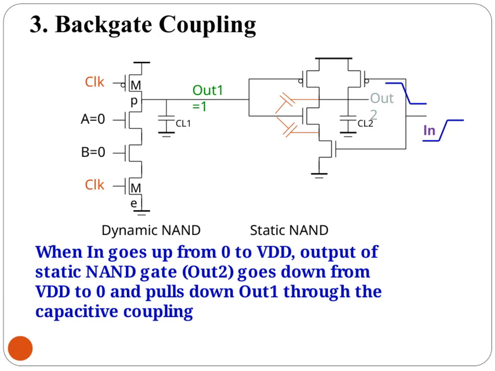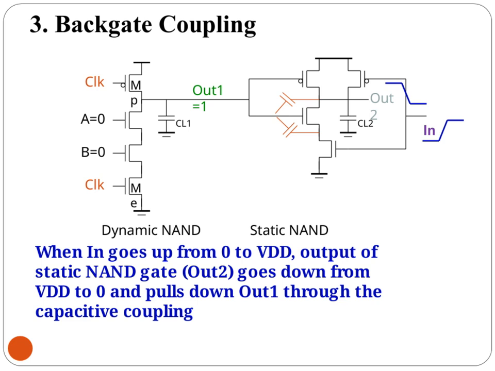Here, we're looking at backgate coupling, which is an important concept to understand in circuit behavior. When the input signal goes from 0 to VDD, the output of the static NAND gate, labeled as out2, transitions from VDD down to 0. This change at out2 doesn't just stay isolated. It actually influences out1 due to capacitive coupling between the nodes.